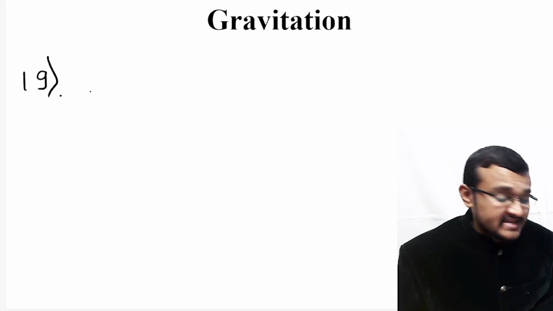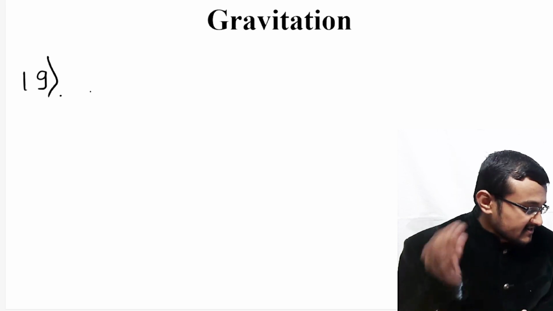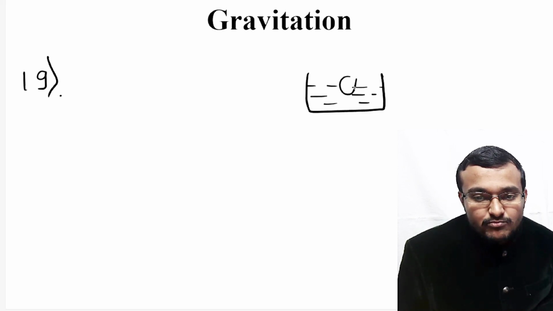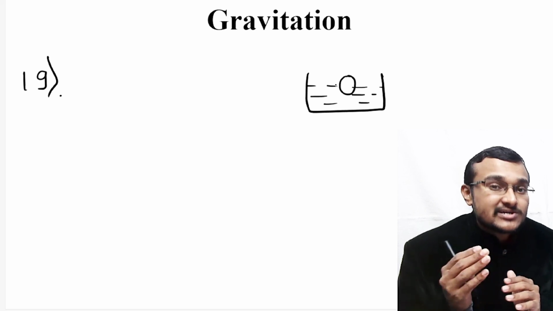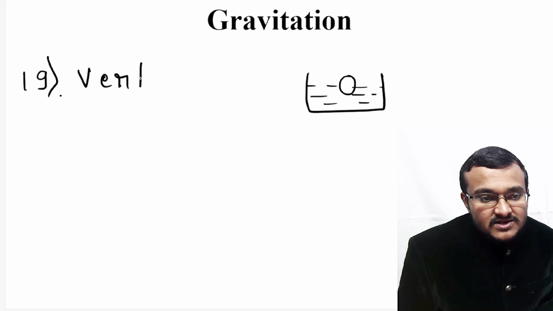Coming to the 19th question, here they have asked, in what direction does buoyant force on an object immersed in a liquid act? Whenever an object is immersed in a liquid, there will be a buoyant force acting on that object vertically upwards. So here the answer is vertically upwards.